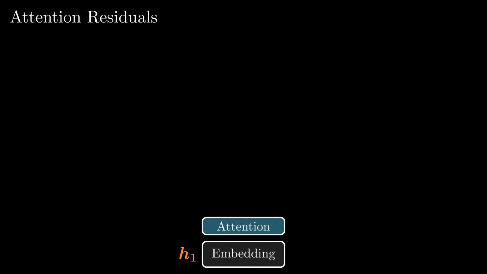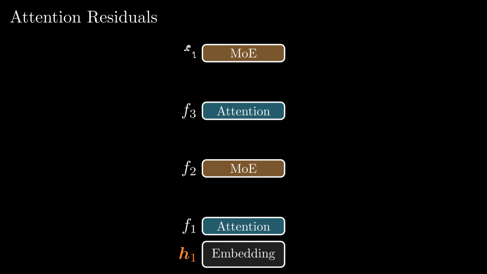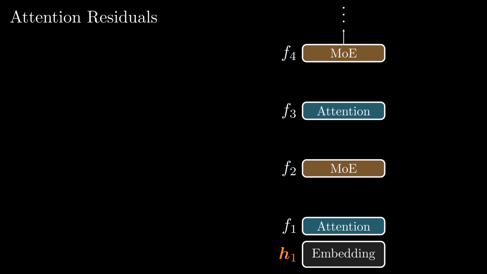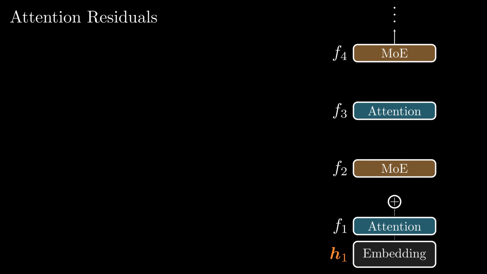Let's build attention residuals from first principles. We start with the embedding feature H1 and the transformer architecture with layers F1, F2, F3, and F4. With standard residuals, we add the embedding H1 to the output of the first layer, F1 of H1.